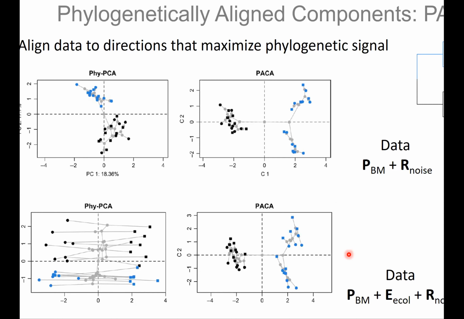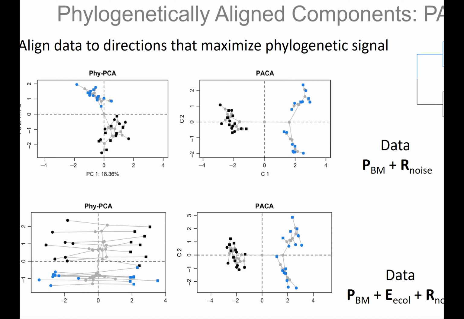Well, now PACA still captures the phylogenetic component of that signal. But phylogenetic PCA, notice what you have here. On the left side of PPC1 are all of the circles, and on the right side are all of the squares. So it actually has separated out the ecological signal.